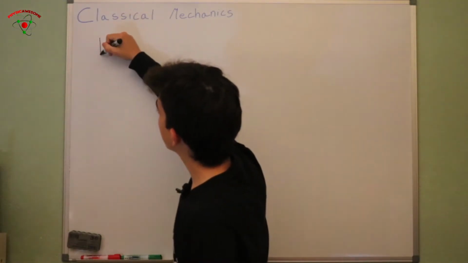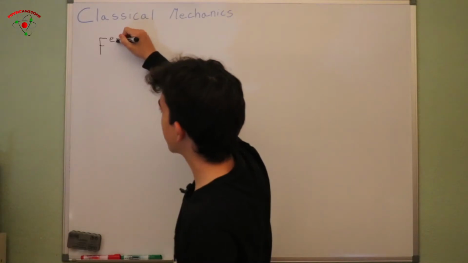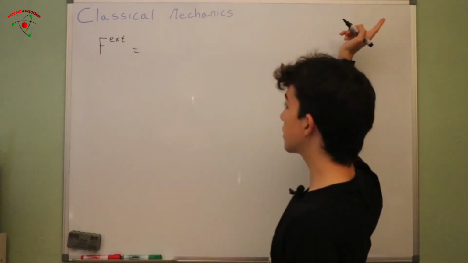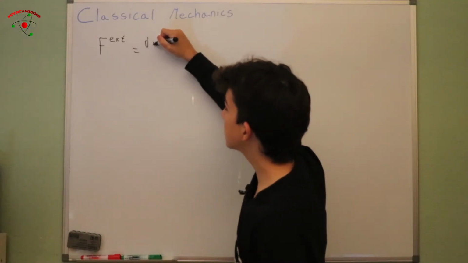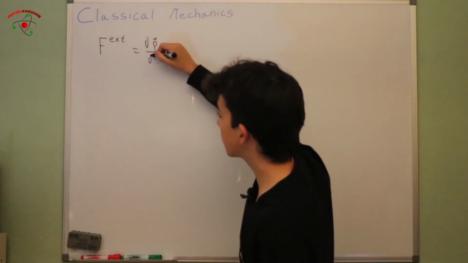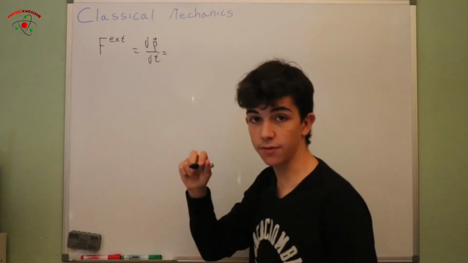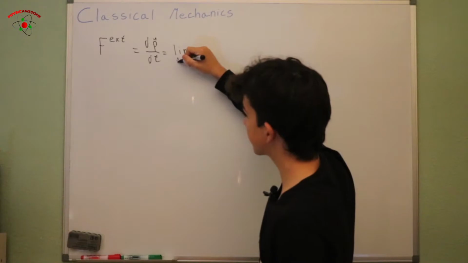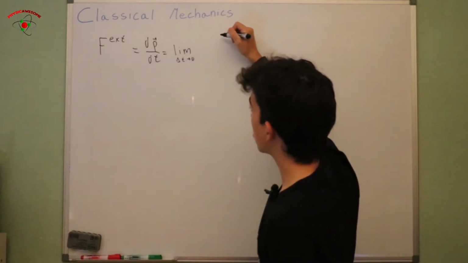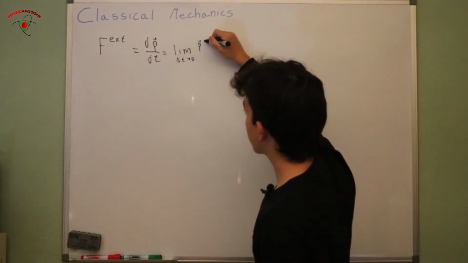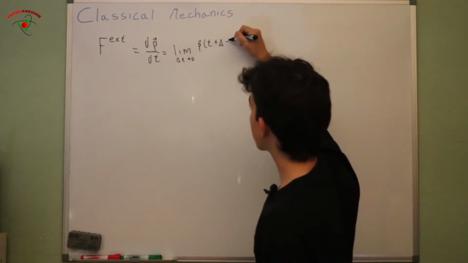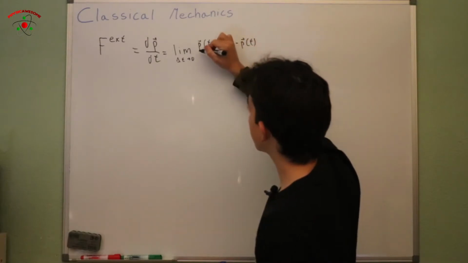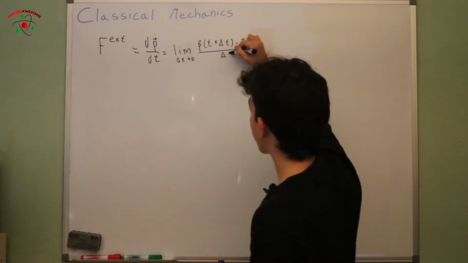Recall that F external, as we saw in our momentum video, equals the time derivative of the momentum. And by definition, this is no other thing than the limit as delta t goes to 0 of p at t plus delta t minus p at t, divided by delta t.